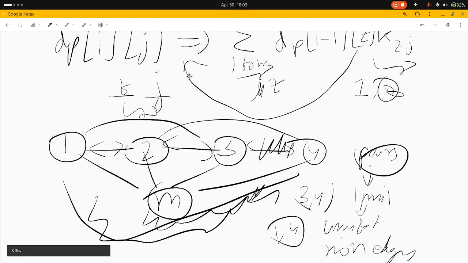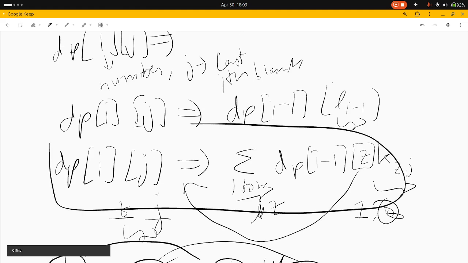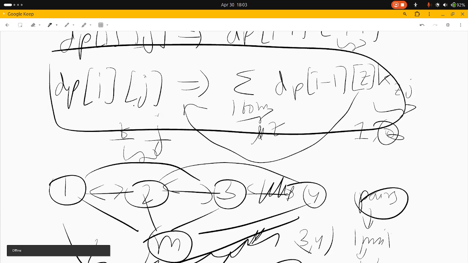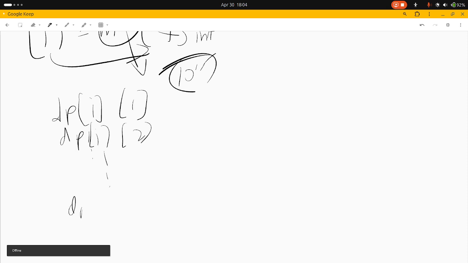So let me dive back into the formula based approach. The formula based approach is this one. So here let i be the same one, but let me change the j. Let me write a vector dp of i 1, dp of i 2 up to dp of i m.